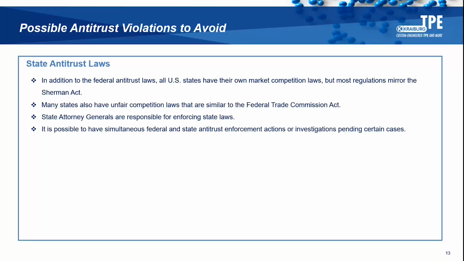And at the state level, the attorneys general are responsible for enforcing the state laws. In some situations, it is possible to have both federal and state antitrust enforcement actions or investigations pending simultaneously in certain cases. So you can have both federal and state cases being investigated at the same time.